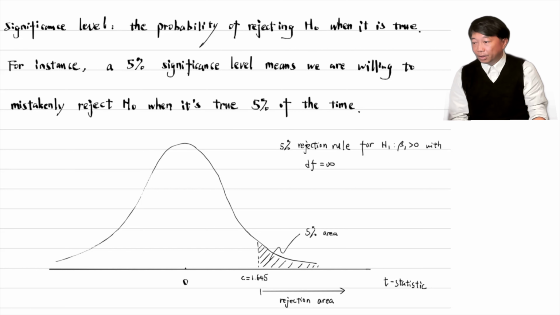Suppose the T-statistic is smaller than 1.645. We have no evidence to reject the null hypothesis at the 5% significance level against a one-sided alternative.